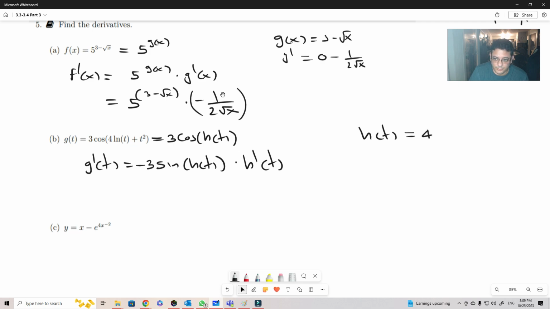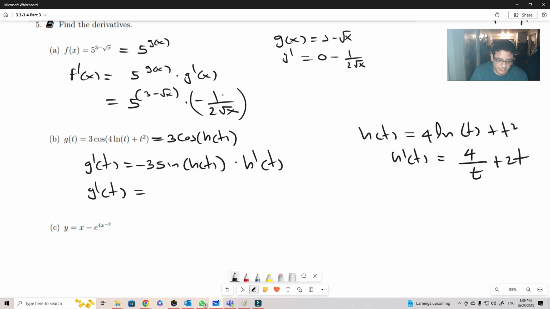Well, it's 4 log of t plus t squared. So h prime of that is going to be 4 over t plus 2t. So that means that at the end, g prime of t is minus 3 sine of 4 log of t plus t squared, times 4 over t plus 2t.